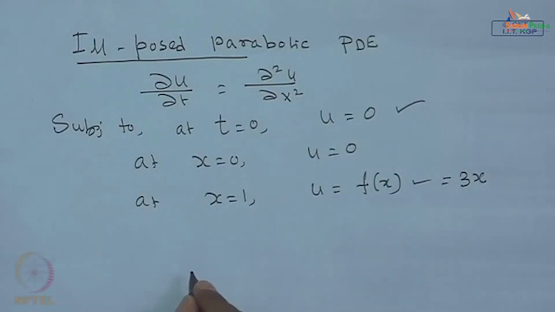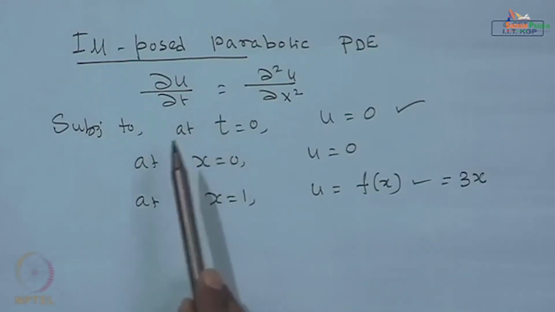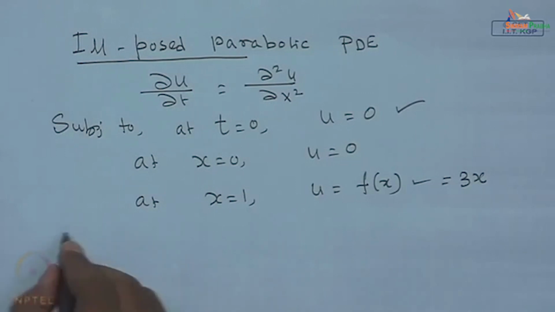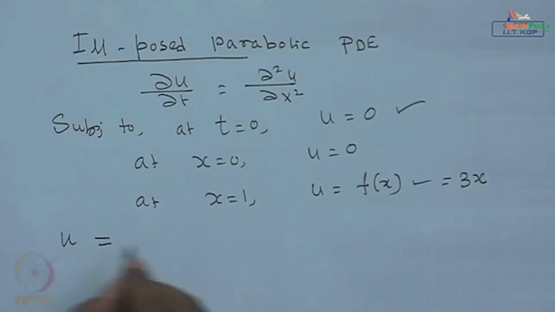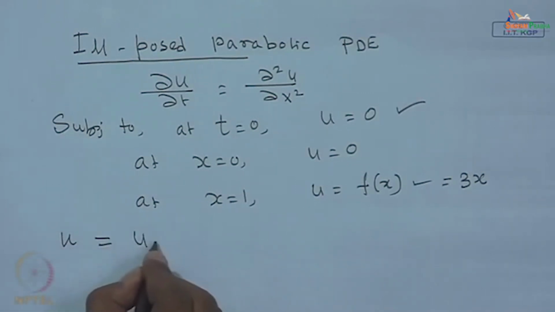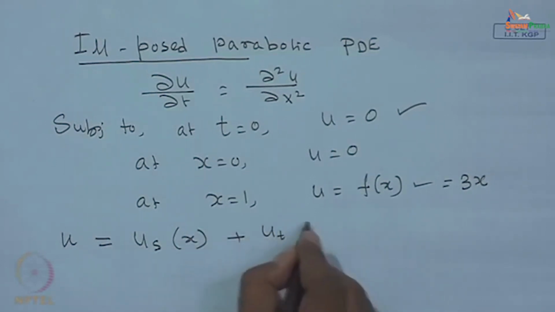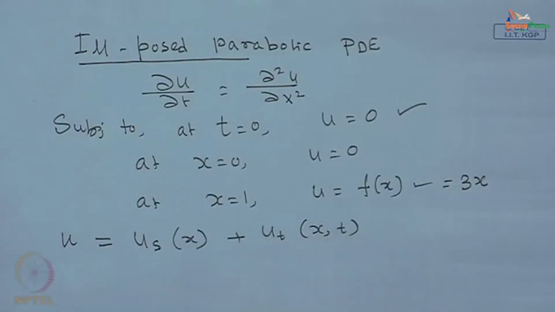Okay. So, what we did in the earlier classes, if you remember, is that we broke down this problem into two sub problems. One is the steady state part, another is the transient part. So, if you really do that, this problem has been divided into two sub problems. One is the steady state part which is a function of x alone, and another is the transient part which is a function of x and t both.